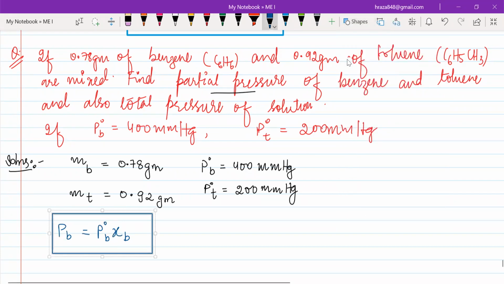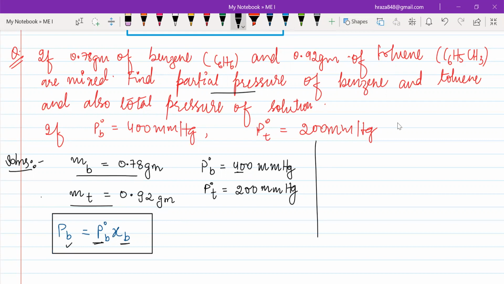Now since we need to calculate the partial pressure, this is given in the question, but we need to calculate the mole fraction of benzene. And for mole fraction of benzene, we need the number of moles of benzene as well as toluene. So number of moles of benzene will be equal to given mass upon molar mass. Given mass is 0.78.